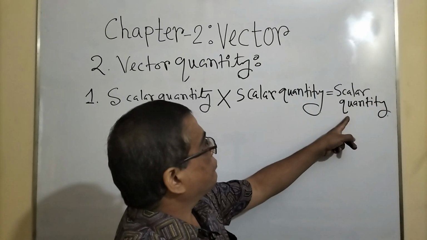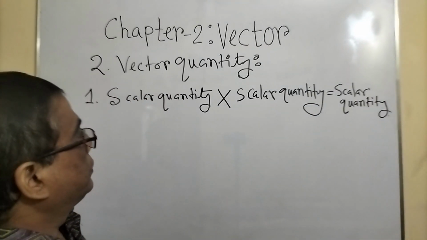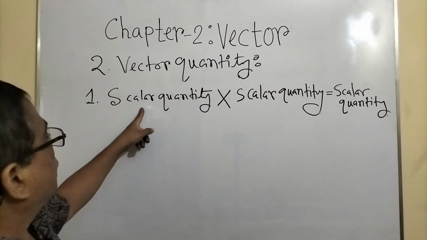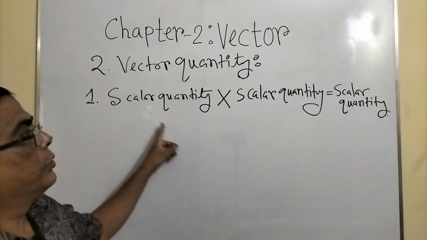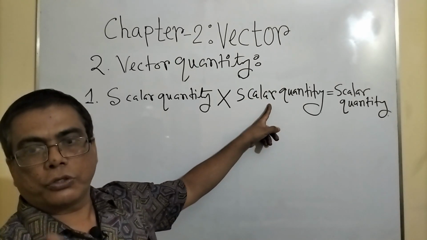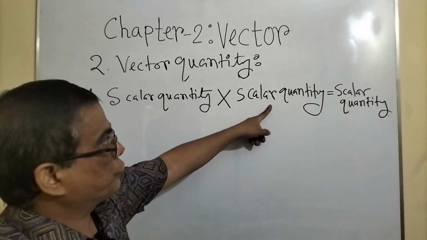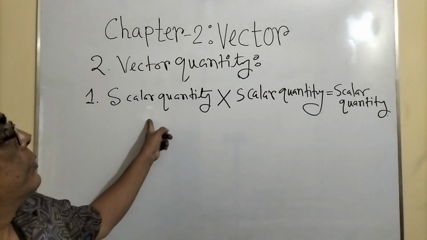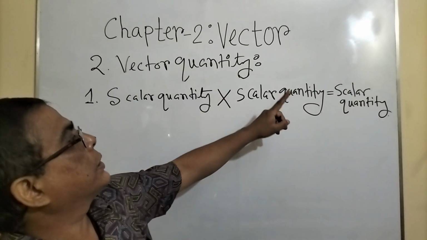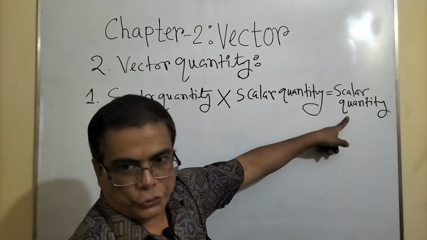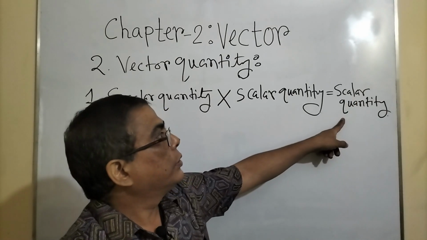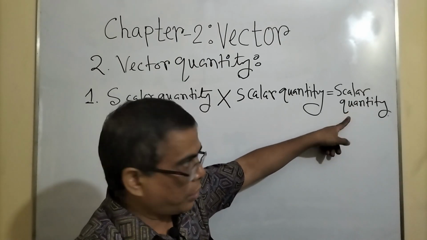Why? The scalar quantity has only a magnitude. This scalar quantity has only a magnitude. If a magnitude is multiplied by another magnitude, the product will be a magnitude. That's why this is a scalar quantity.